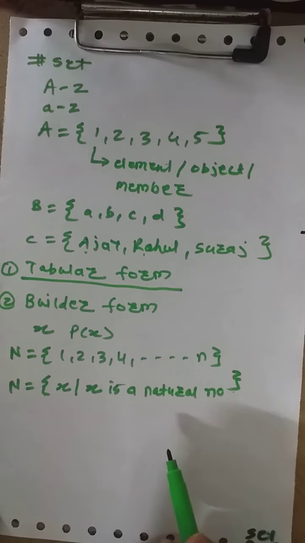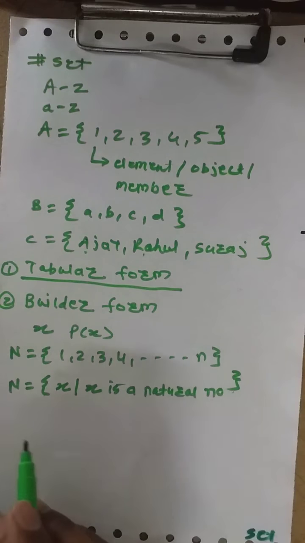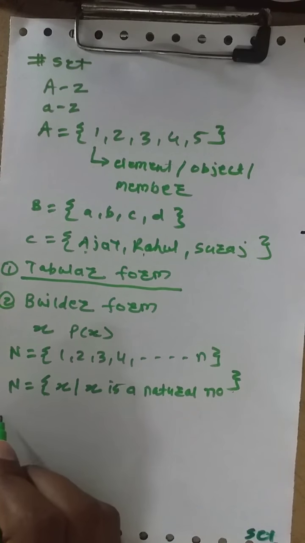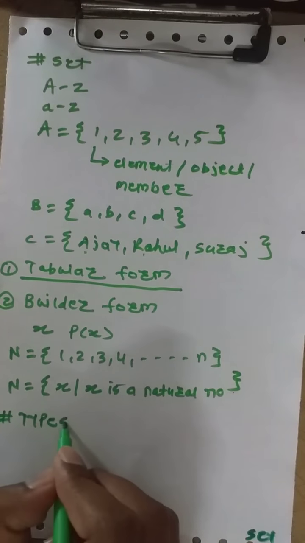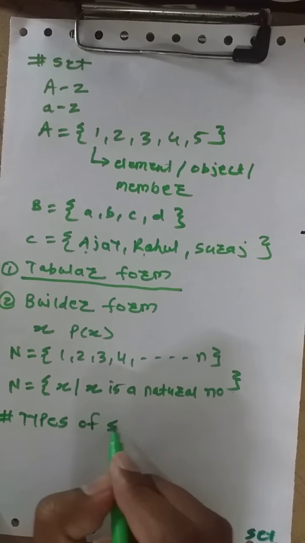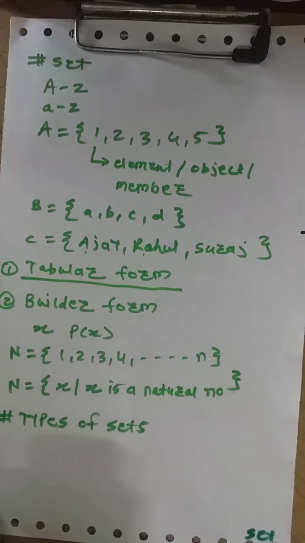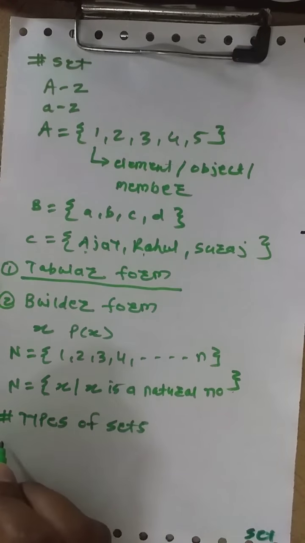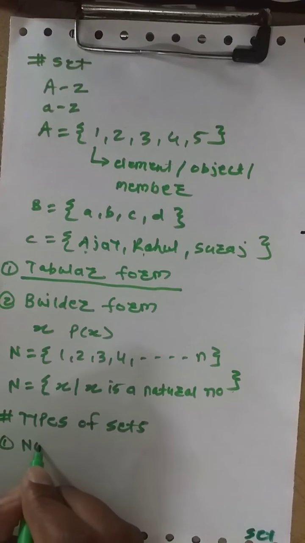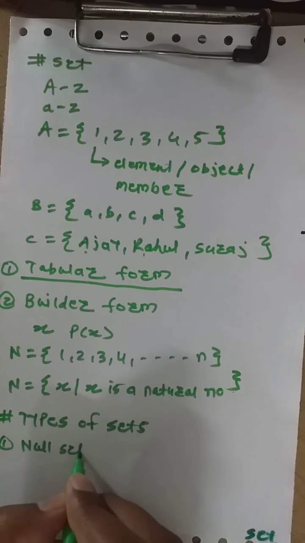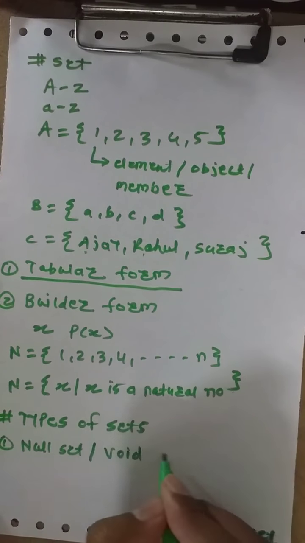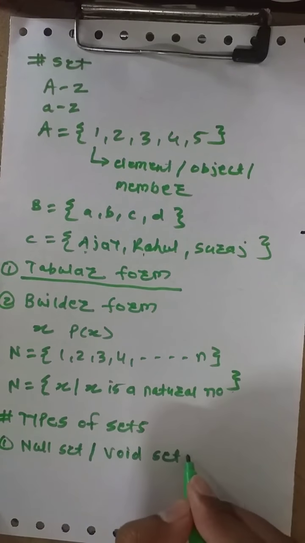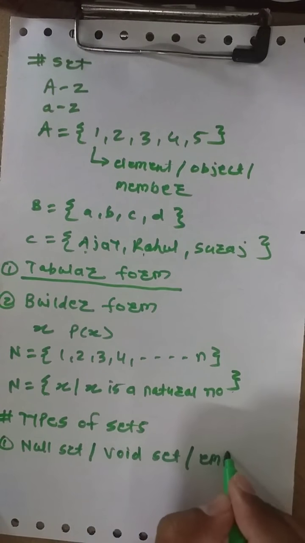Now the next one is types of sets. The first one is the null set. It is also called void set or empty set.